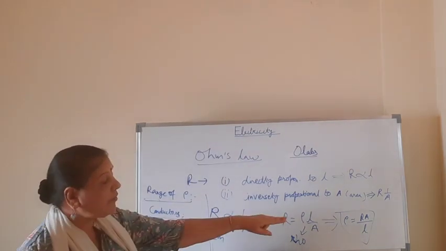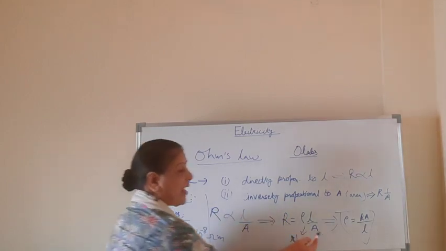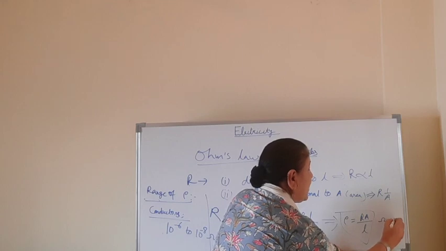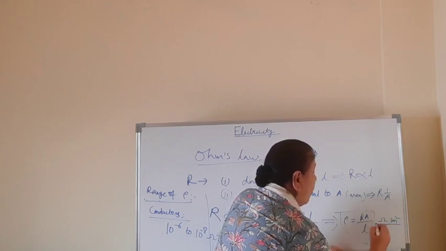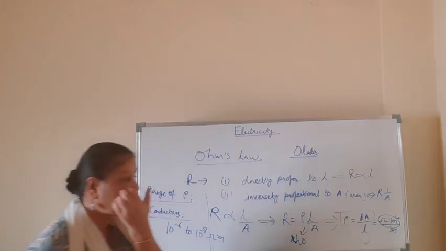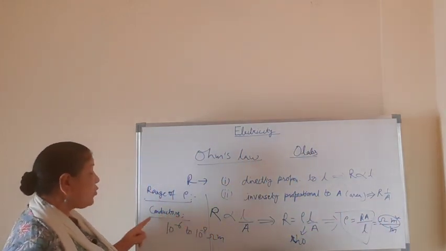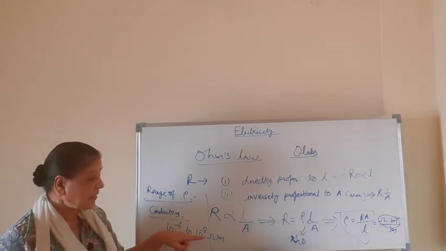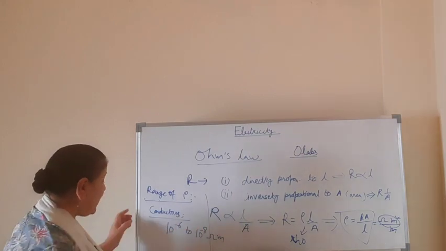What is the unit of rho? R is in ohm, A is in meter square, and length is in meter. So the unit of resistivity is ohm meter. The range of resistivity for conductors is 10 to the power minus 6 to 10 to the power minus 8 ohm meter.